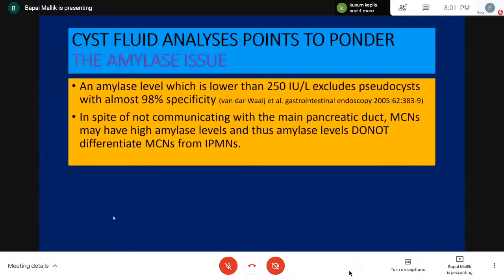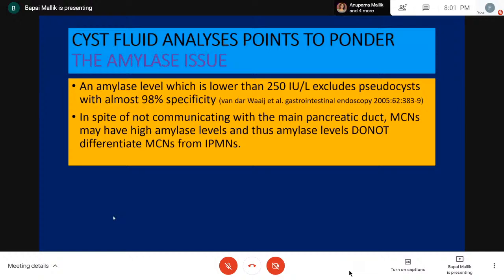So what about the amylase issue? An amylase level lower than 250 international units per liter excludes pseudocysts with almost 98% certainty. So pseudocysts must have high amylase levels, in spite of not communicating with the main pancreatic duct. This is a very key point. Amongst the mucinous cystic neoplasms and IPMNs, the ones which connect to the main pancreatic duct are where the amylase comes from.